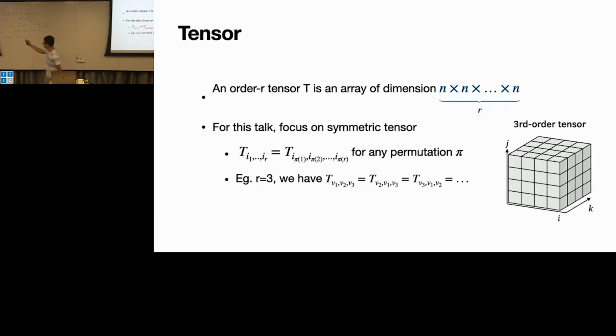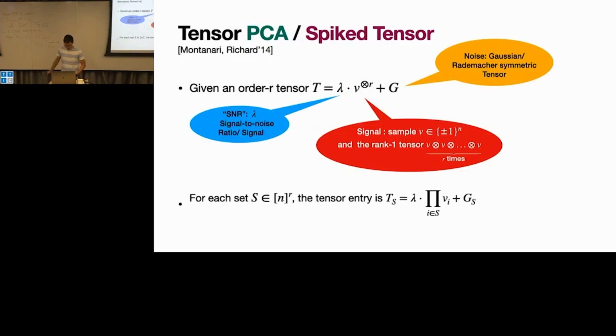Here's a picture of a third order tensor given by ChatGPT. I hope everybody has seen tensors before, but don't worry if not. Here we are going to consider the PCA question on tensors, or you can also think of it as degree R polynomial maximization.